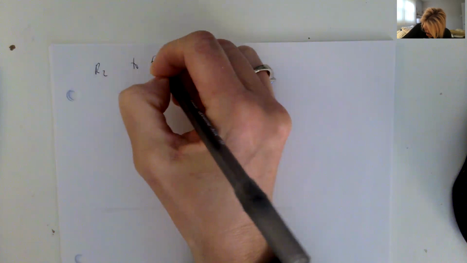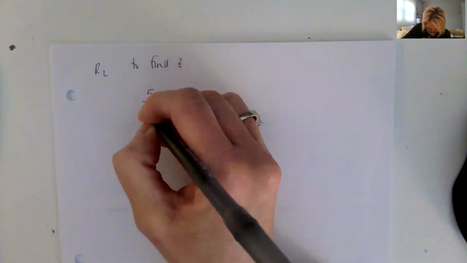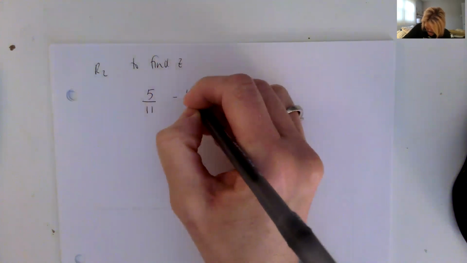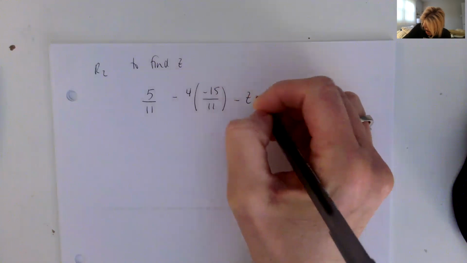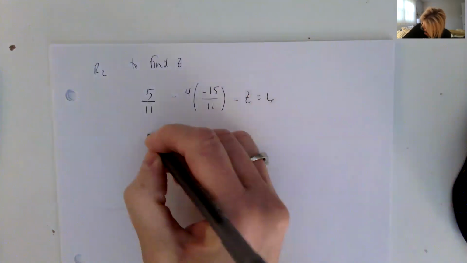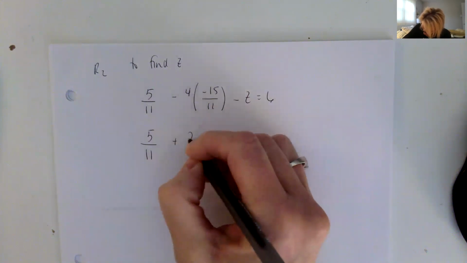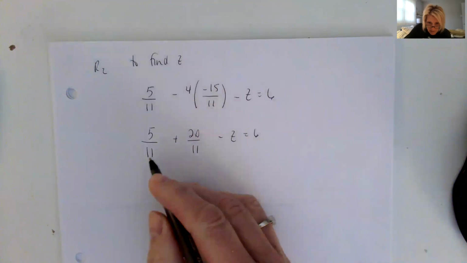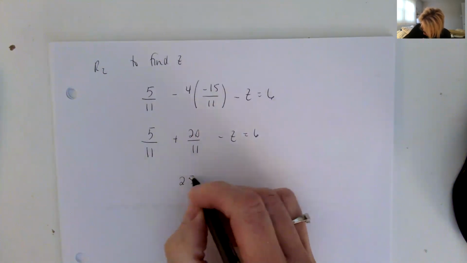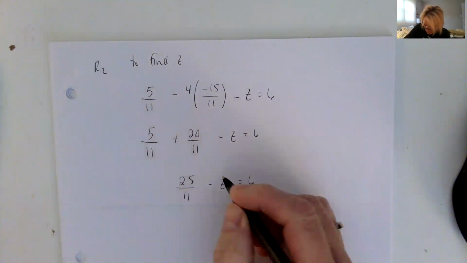So x we think is 5/11 minus 4 and y is a negative 15/11 minus z equals 6. So 5/11 and negative times a negative is a positive 20/11 minus z equals 6. So now we have 25/11 subtracting z equals 6.